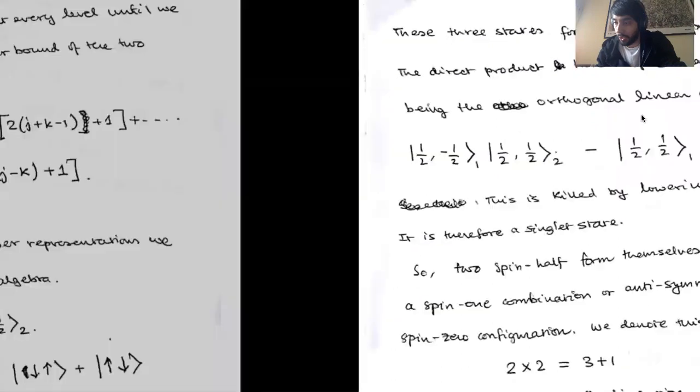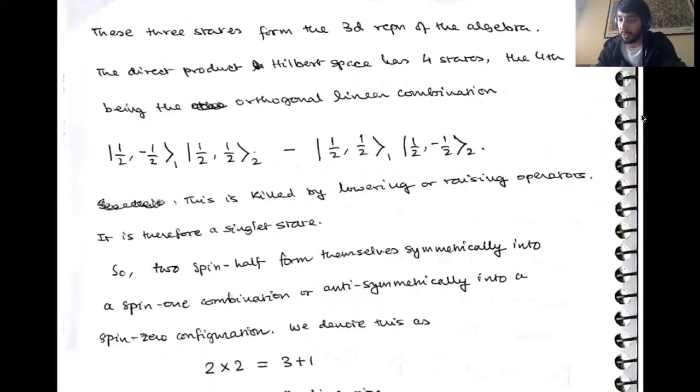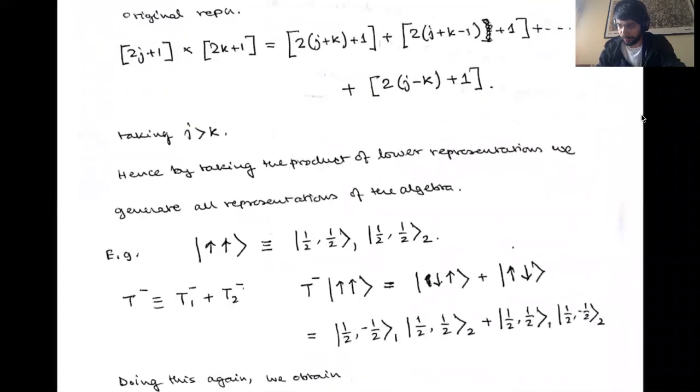So what have we got? We have these three states forming a three-dimensional representation of the algebra. So the direct product of the Hilbert space has 4 states, and the fourth state is the orthogonal linear combination of the thing we wrote down out here.